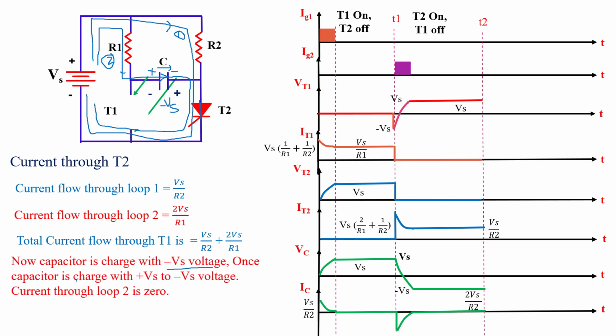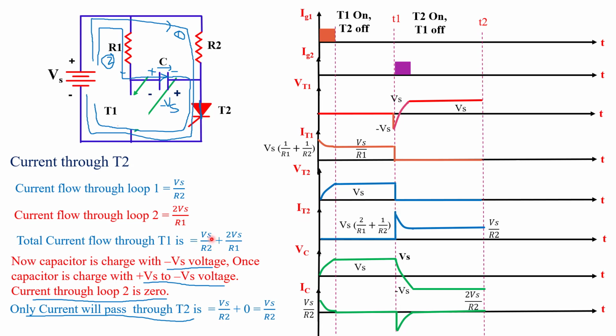Okay, this time, once the capacitor is charged from plus Vs to minus Vs voltage, current through loop 2 becomes 0. This time the total current passing through T2 thyristor is from loop 1 only, which equals Vs by R2. We see in the waveform, initially current is maximum, this much. Okay, when the capacitor starts charging with minus Vs voltage, current across T2 thyristor decreases. And when the capacitor is completely charged with minus Vs voltage, the current across T2 thyristor is Vs by R2. So here this magnitude is Vs by R2.